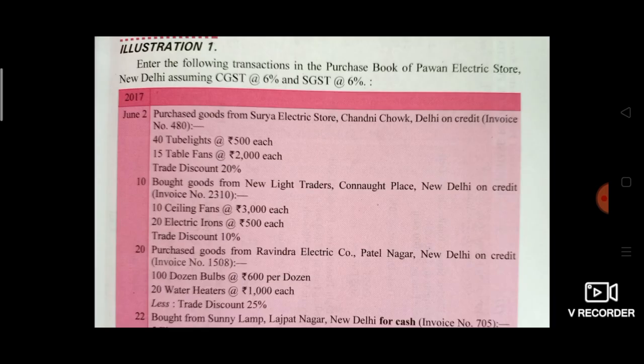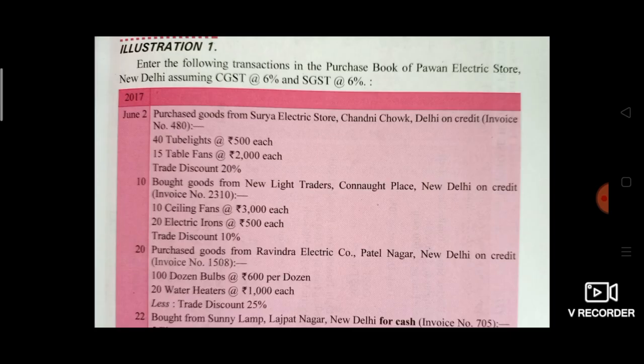Now bought goods from New Light Traders, Connaught Place, New Delhi, on credit. Invoice number 2310, and the details are 10 ceiling fans at rupees 3000 each, 20 electric irons at 500 each, trade discount is 10%.